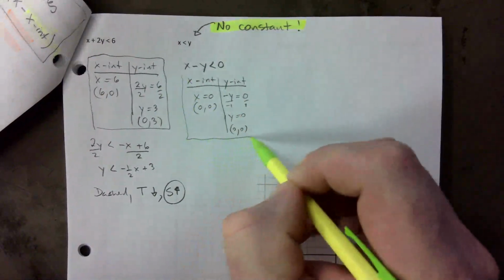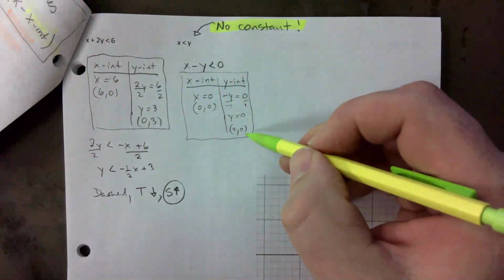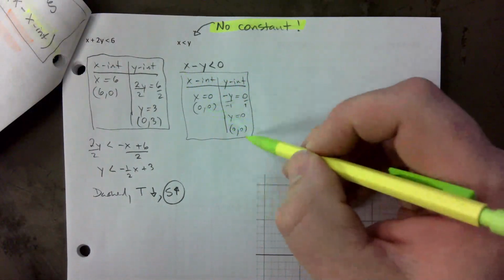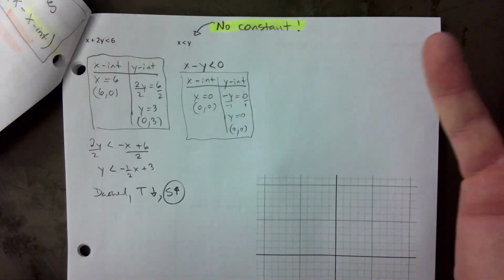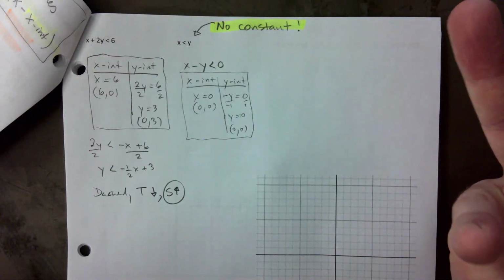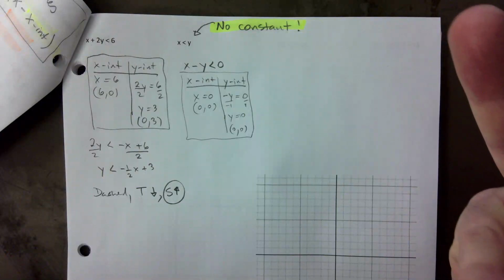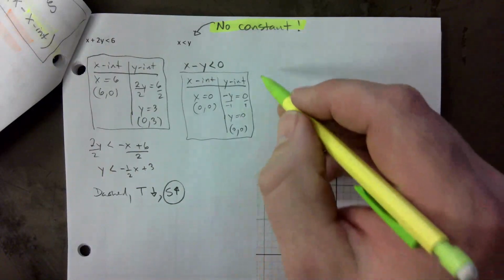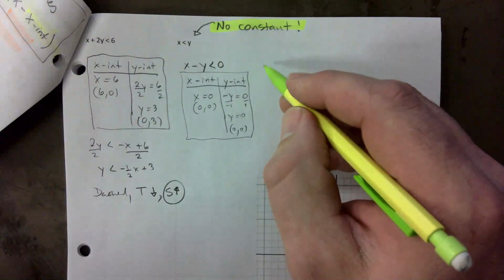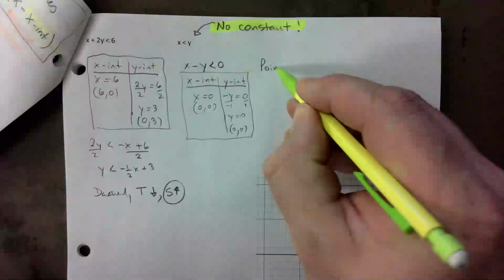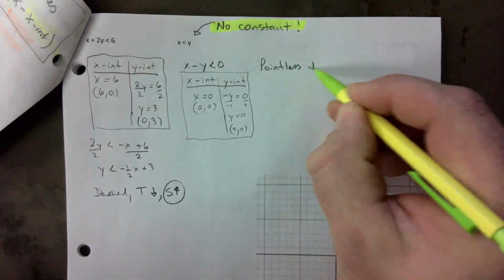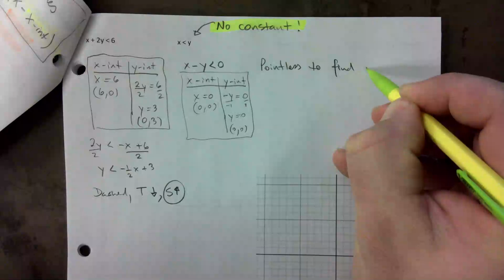So that is the problem, okay? Both of them are 0, 0, so you can't have two distinct points to connect. Got it? So you need to do something here. It is pointless to find intercepts.